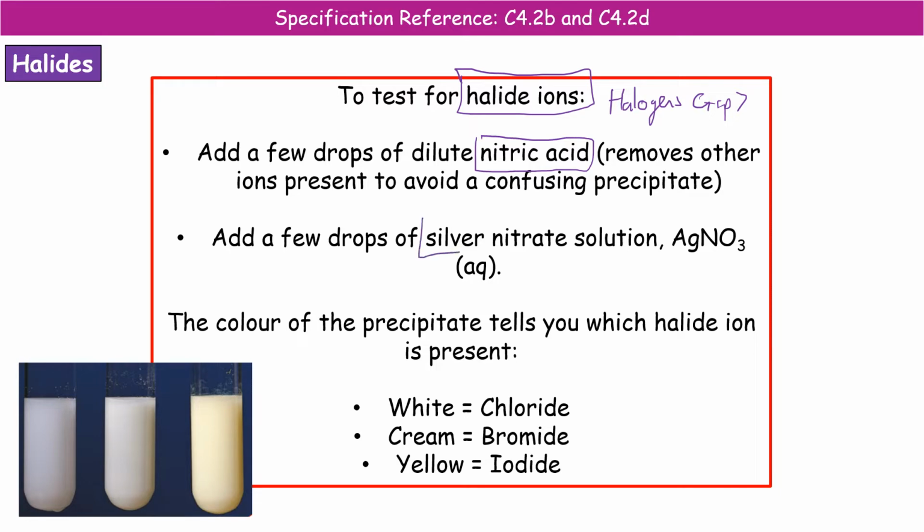We then add a few drops of silver nitrate solution, and the colour of the precipitate we make tells us which halide is present. If it's a white precipitate, then we have chloride. Cream precipitate would be the bromide, and a yellow precipitate would be the iodide. So you need to remember those 3 colours and what they correspond to.